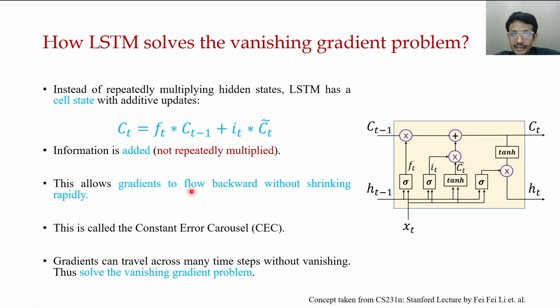This allows the gradient to flow backward without shrinking rapidly because of this linear interaction. This is called the constant error carousel. So the gradient can travel across many time steps through this pipeline without vanishing, and this essentially solves the vanishing gradient problem.